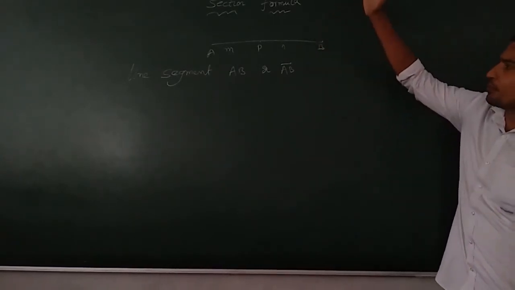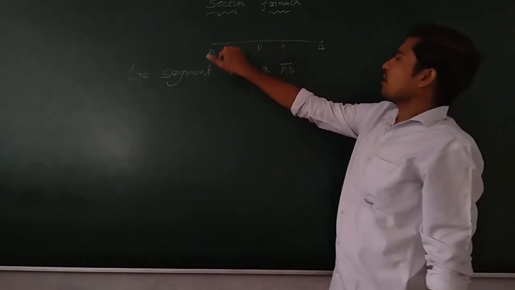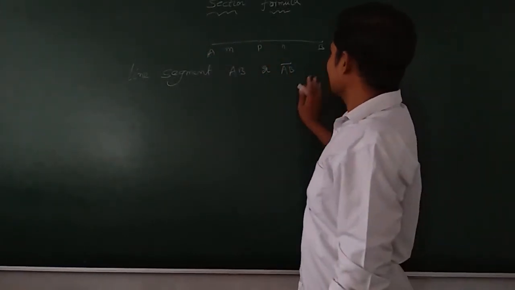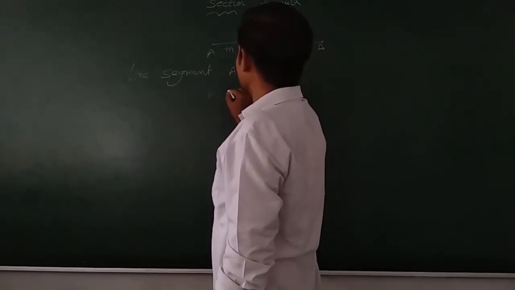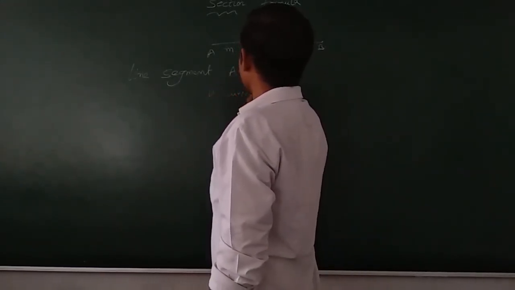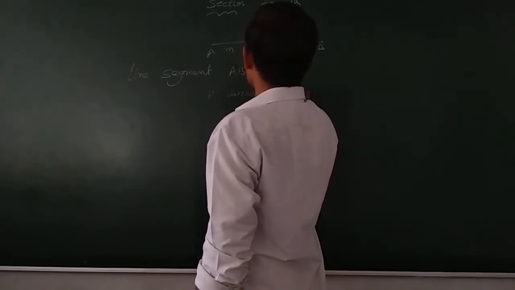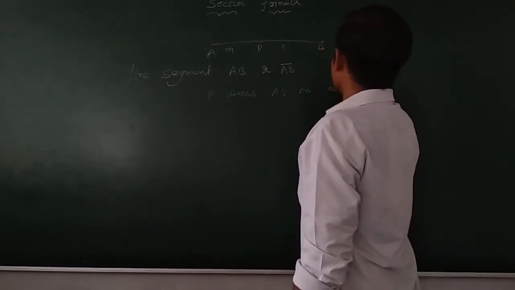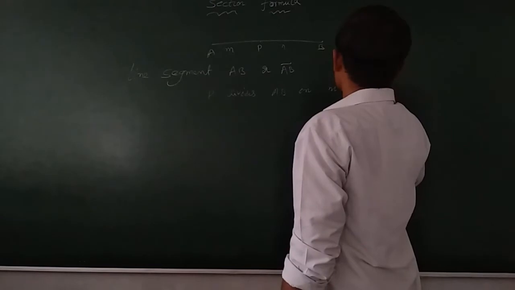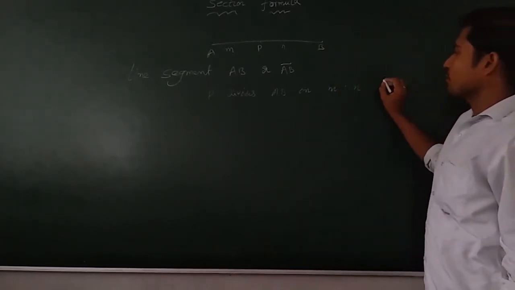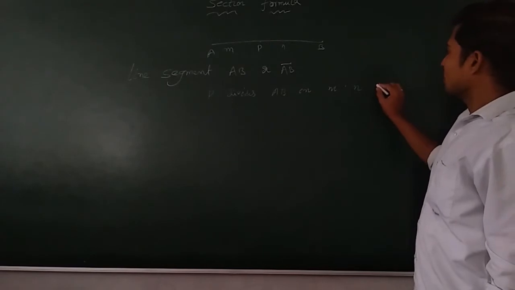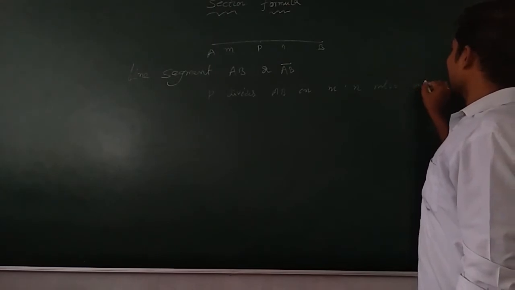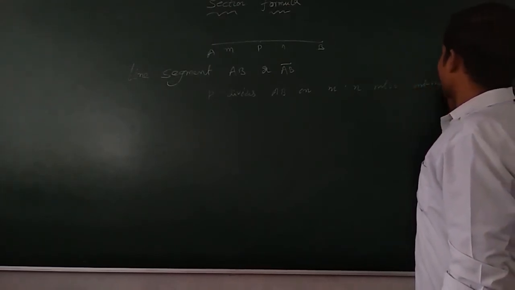So P divides the line segment AB in M is to N ratio internally, right?